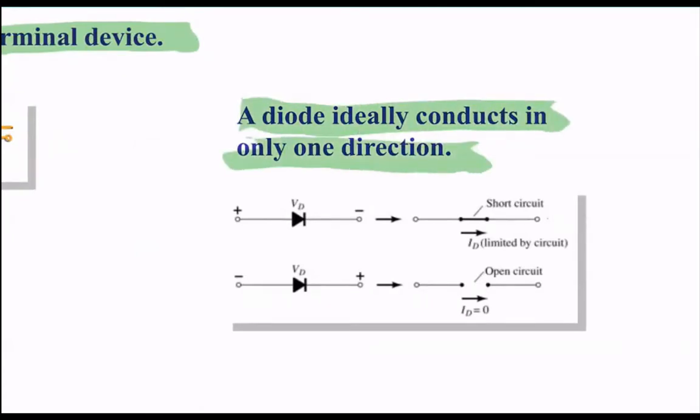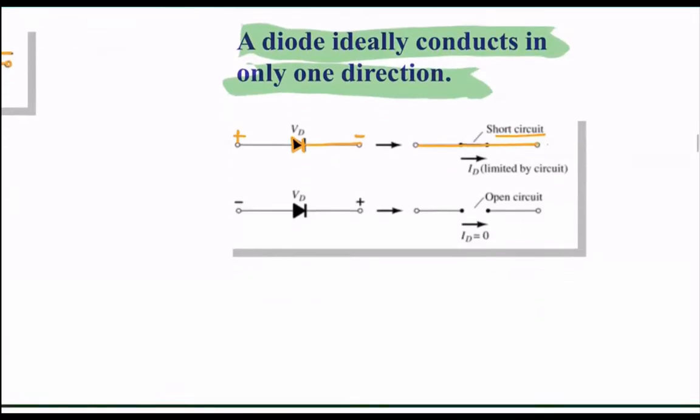When the polarities are such that the positive terminal of the supply is connected to the anode and the negative terminal is connected to the vertical line of the diode, it almost works as a short circuit. It will just allow the current to go past the diode, okay? But if I switch the polarity such that the negative terminal of the battery is connected to the positive terminal of the diode, and the positive terminal is connected to the negative terminal of the diode, that is when it acts as an open circuit, okay?